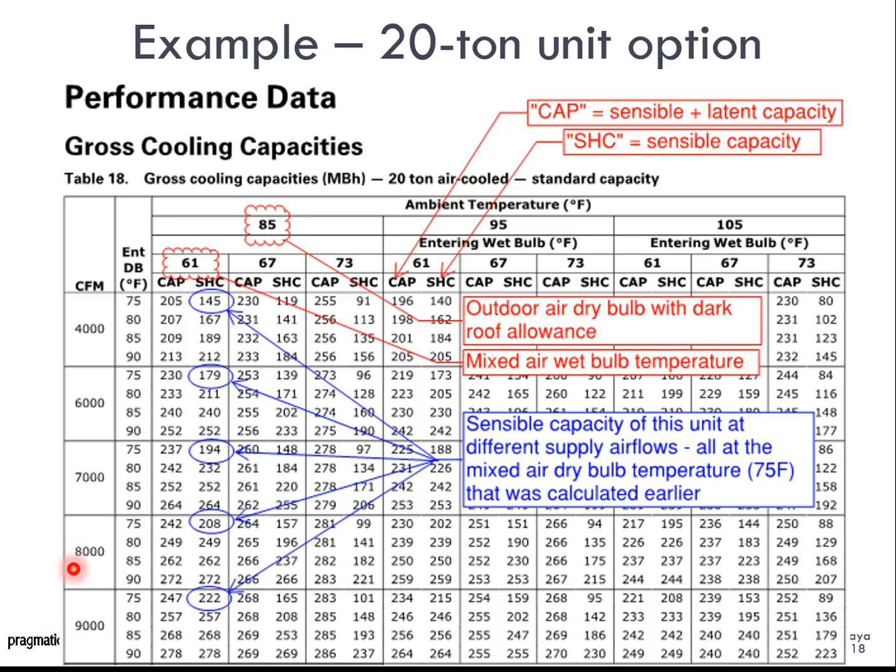That would just mean that we would have to interpolate between the numbers to get our exact capacities. So you can see that the 20-ton unit, even at maximum power, 9,000 CFM, maximum cooling, only is going to give us 222,000 BTUs per hour, which is about 1/3 of what we need, which obviously means that this 20-ton unit is too small.